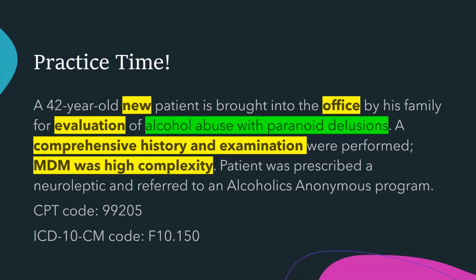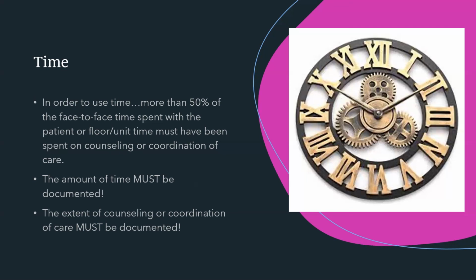That contains a comprehensive history, a comprehensive examination, and medical decision-making of high complexity. All 3 of the key components must be met for this code. Then you would look for the diagnosis code in the ICD-10 CM code book. And the diagnosis for this patient was alcohol abuse with paranoid delusions. And that wraps up E&M coding.